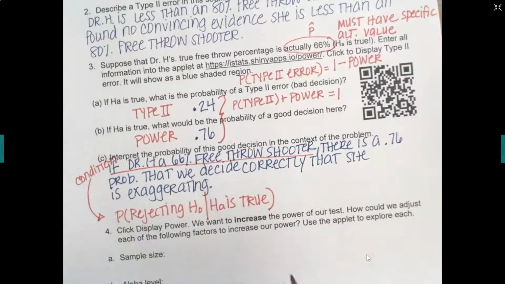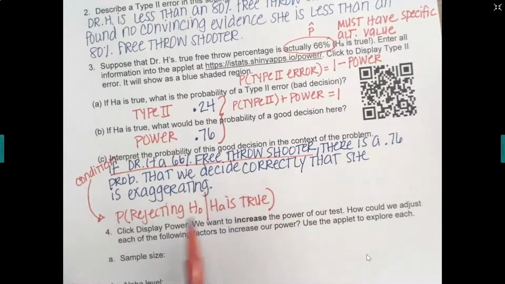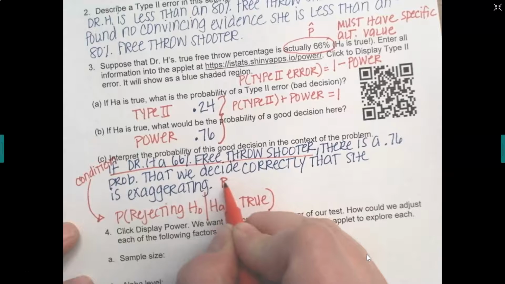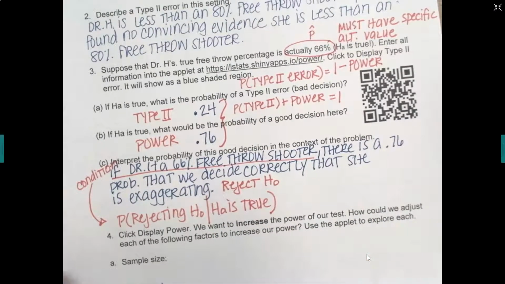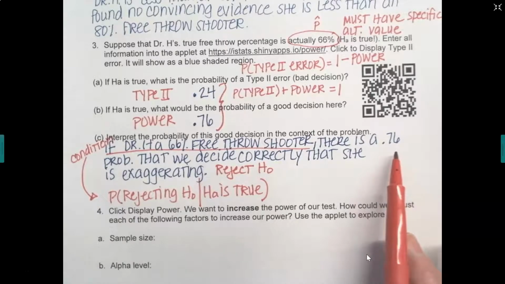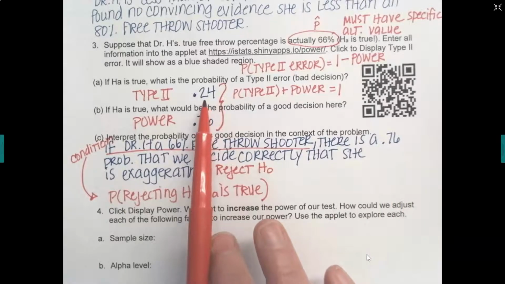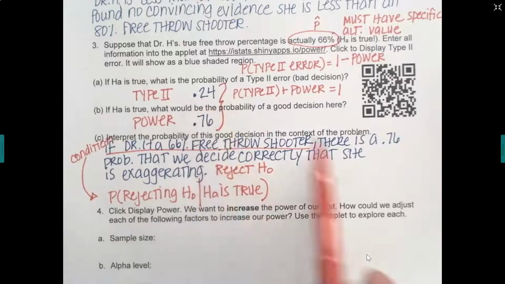So if I actually am a 66% free throw shooter, there is a 0.76 probability that we will decide correctly that I am exaggerating, meaning we will reject the null. So with a power of 76%, we're going to be pretty good. That means we could have made an error in 24% of the situations, and that's where the type 2 error comes in. That's how these two are related.